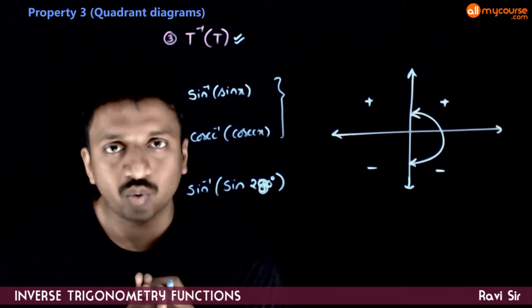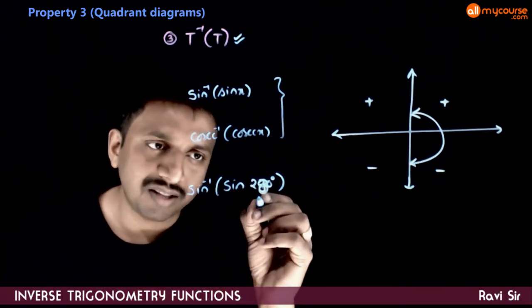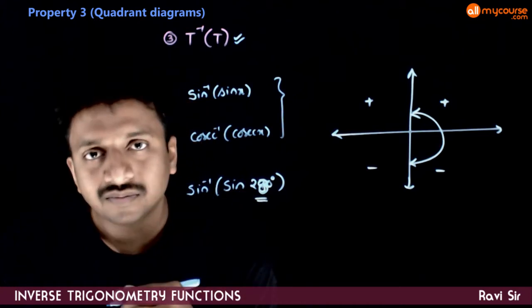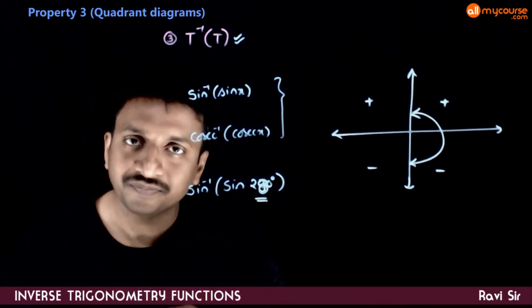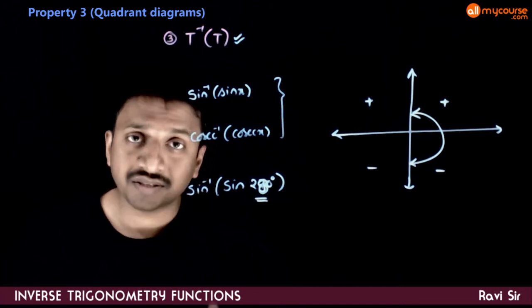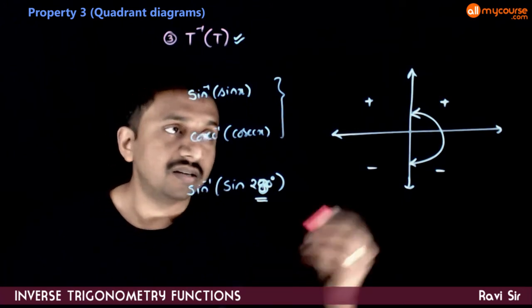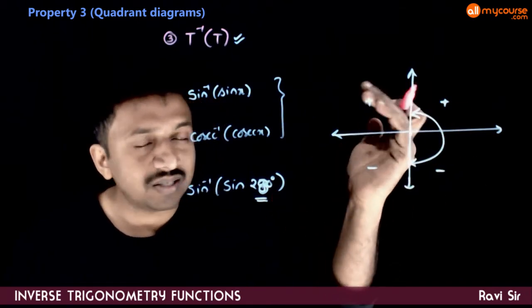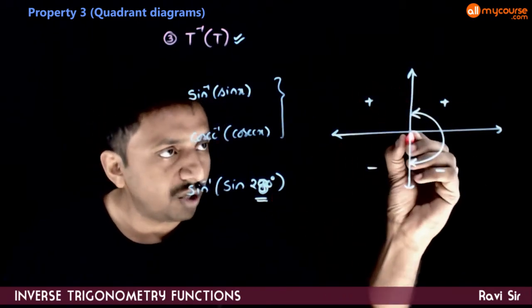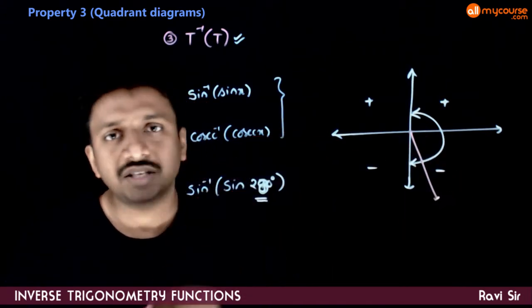In that case, you draw the ray corresponding to the angle 280 degrees. So you know how to draw the ray, right? So I'll rotate the ray through an angle of 280 degrees. So 90 degrees, 180, 270, 280 degrees. So the ray stops somewhere here.